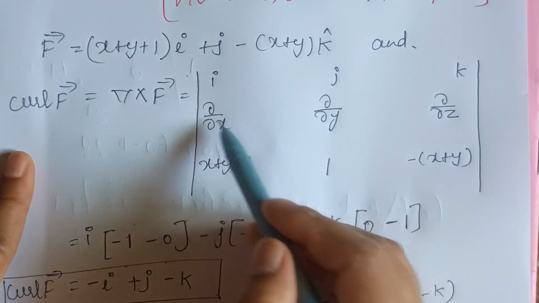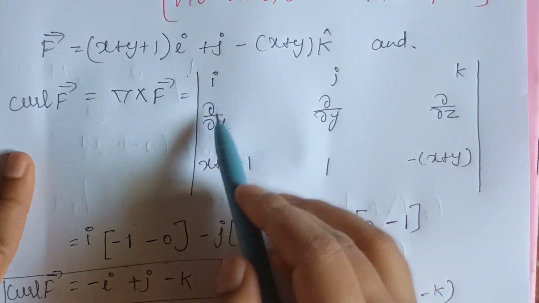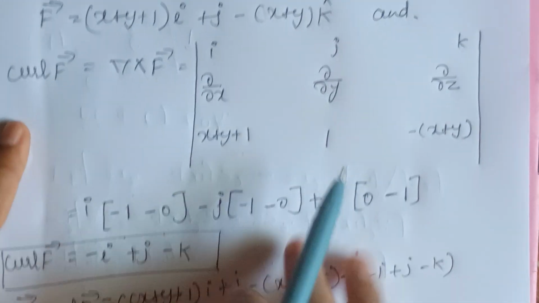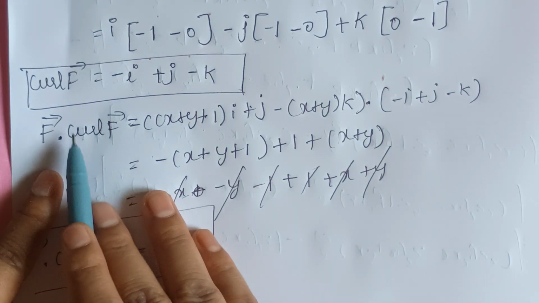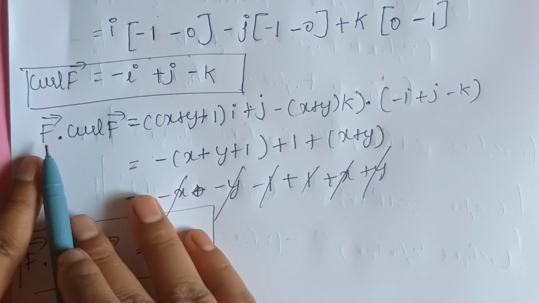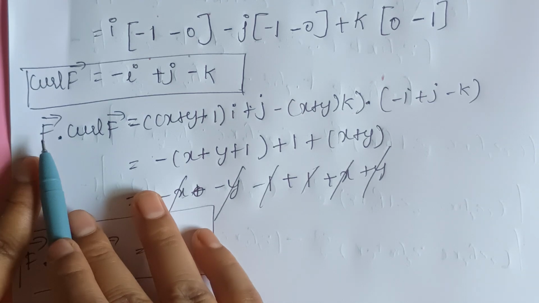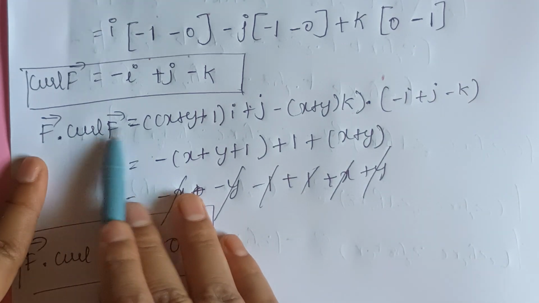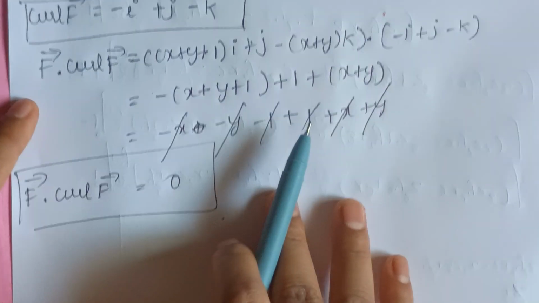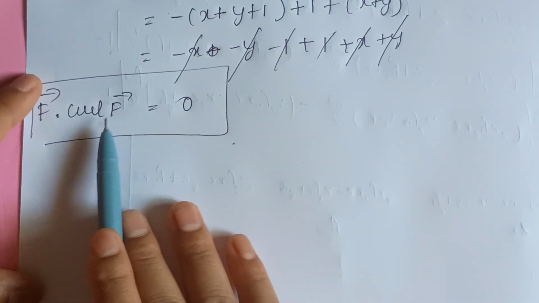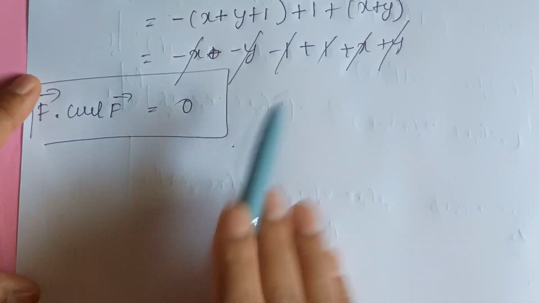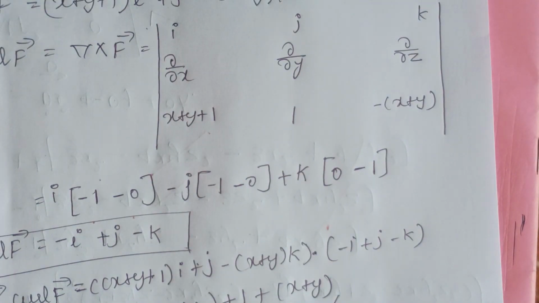So i, j, k, by finding the determinant of this, we get curl of vector f. Now we need to find the dot product of vector f and curl of vector f. If we find that, after simplifying, we get vector f dot curl of vector f is equal to 0. Hence this was the proof.